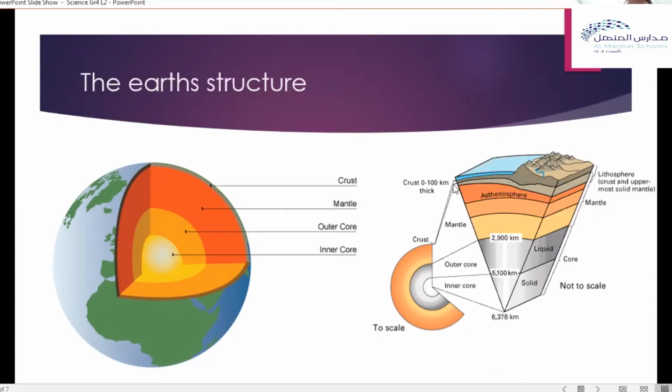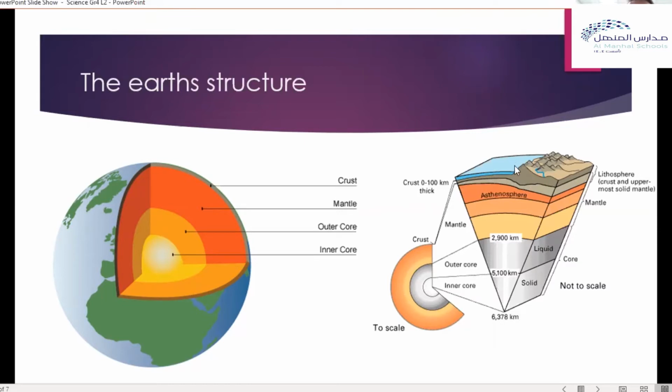The mantle is all kinds of rock that have been melted because of the tremendous heat found within the Earth's core. The crust is a very thin layer that has cooled down and is between 0 and 100 kilometers thick.